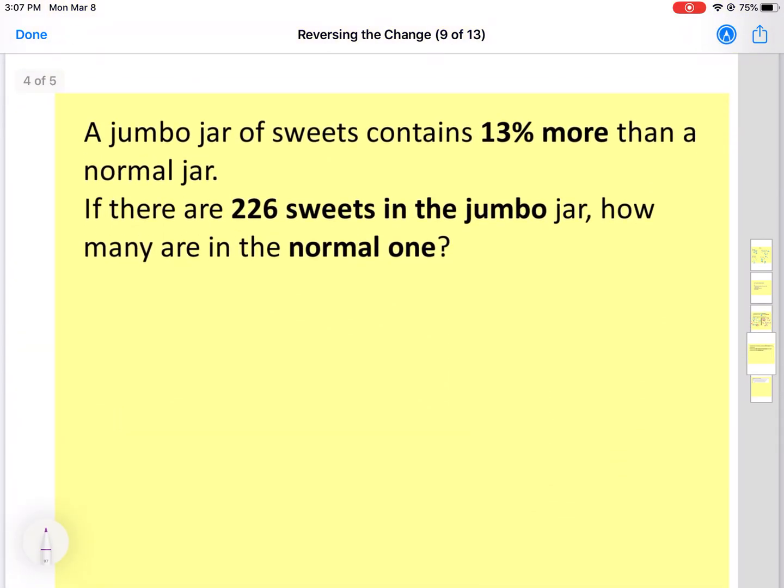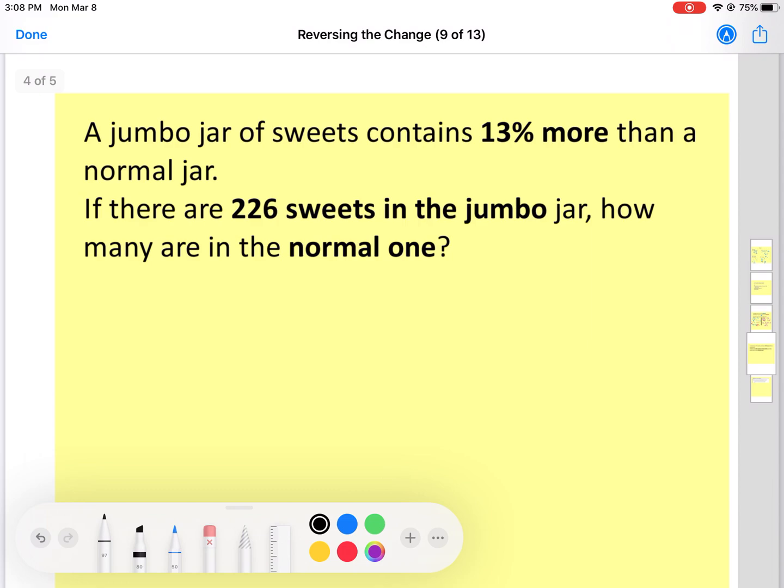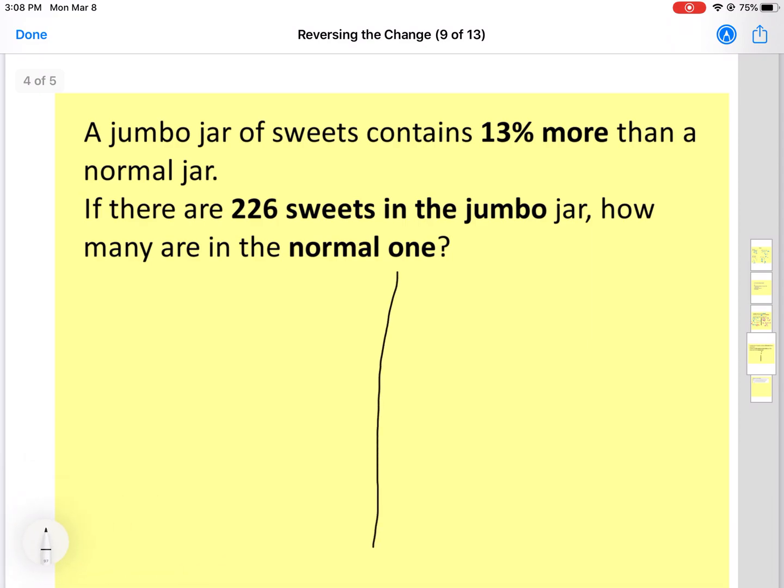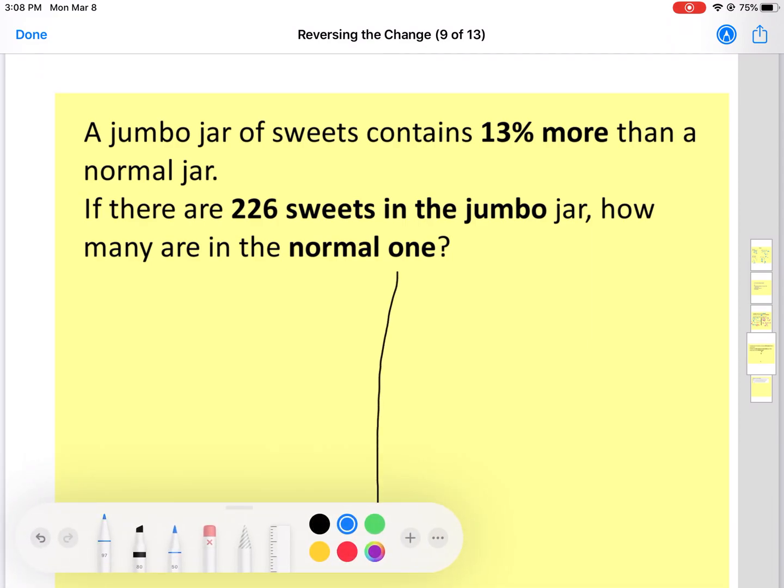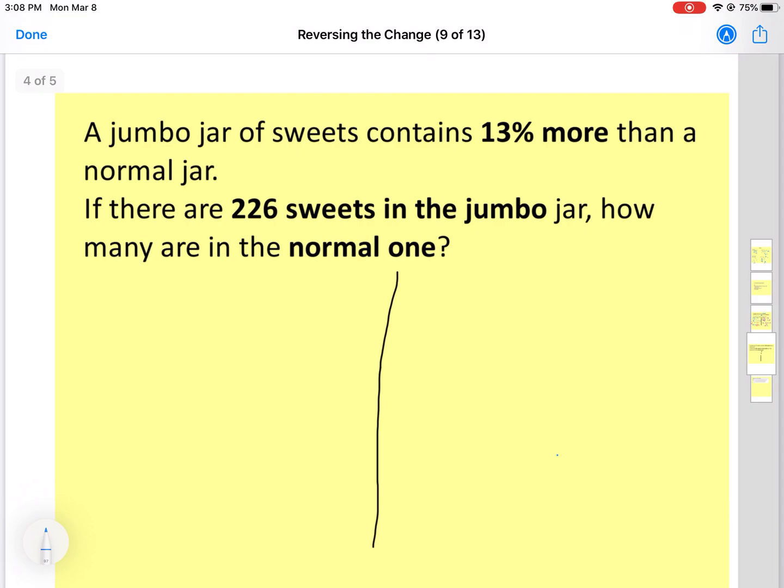Okay, this next question here. Again, I will use two sides of the page and we'll work out both different methods as well. So, what we are told is that a jumbo jar of sweets contains 13% more sweets than a normal jar.